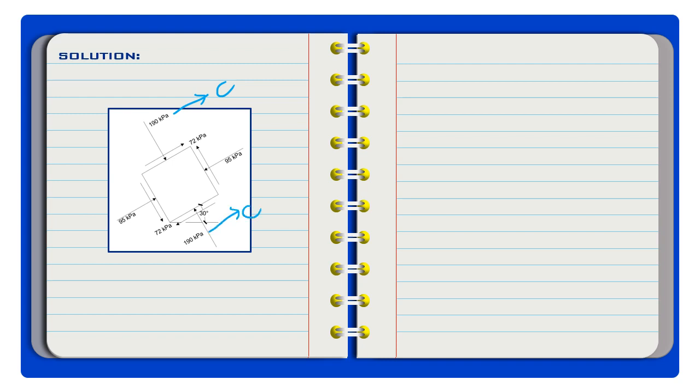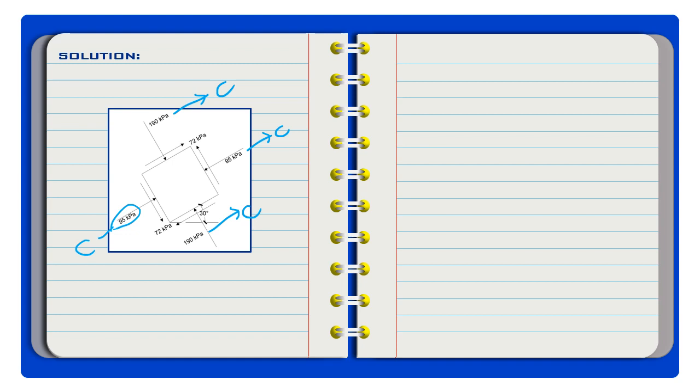Then, let's take the direction of the stress acting on this plane, which is the 95 kilopascal stress. As we can see, its direction will be towards the element, or inward also. That means that is also compression.